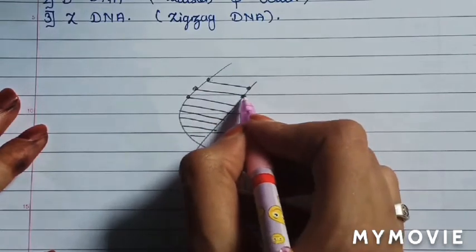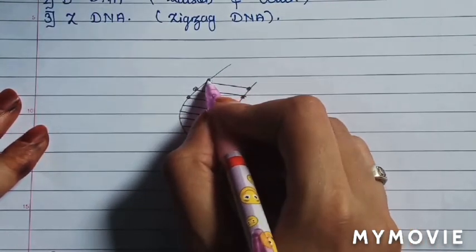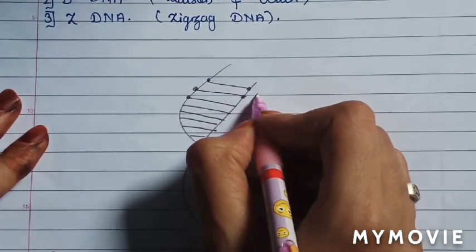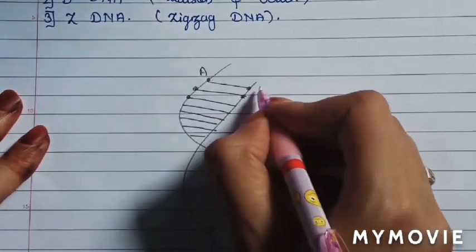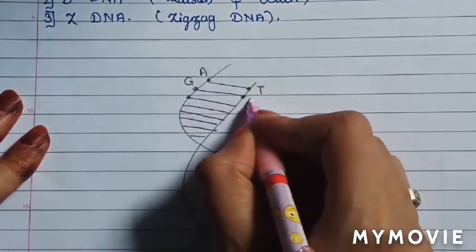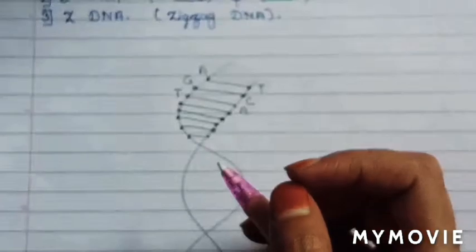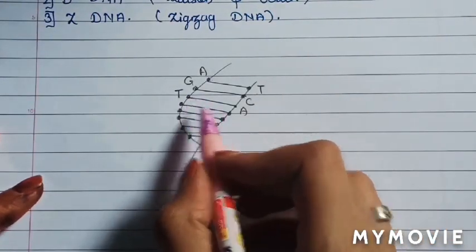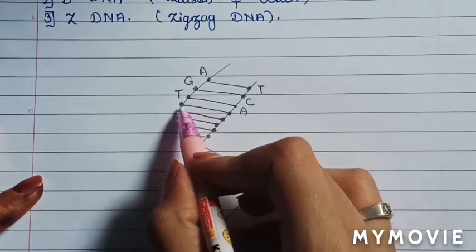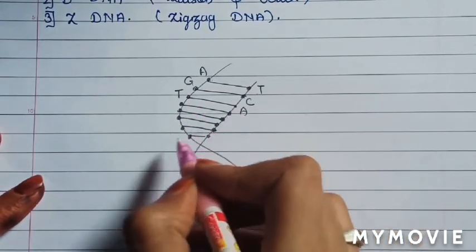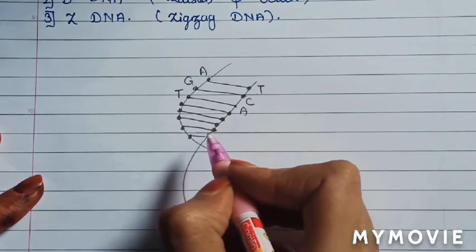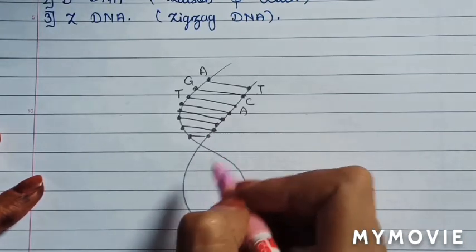Means if here is A, then here it will be T: adenine, thymine, guanine, cytosine, thymine, adenine. Here you can see the thymine pairs with adenine, means one purine and one pyrimidine. So equal amounts of purines and pyrimidines are present in DNA.